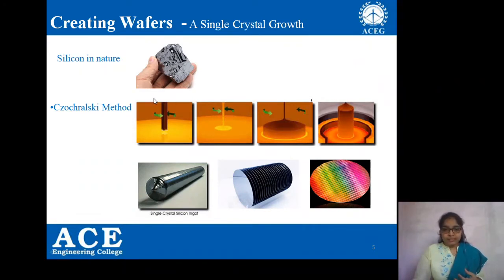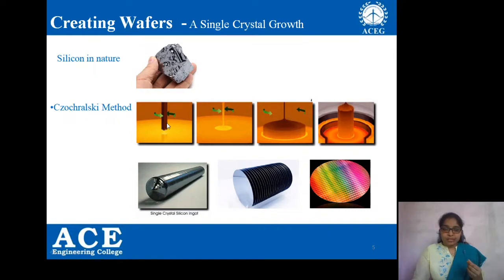The Czochralski method is the same as we saw in the previous video. In that method, there is a crucible. This is the crucible. A crucible is a vessel to hold molten silicon, and this vessel has heating coils to heat it, and in it we have a pulling rod.